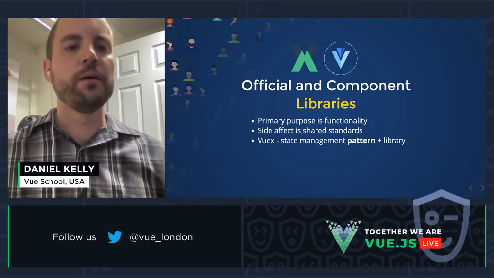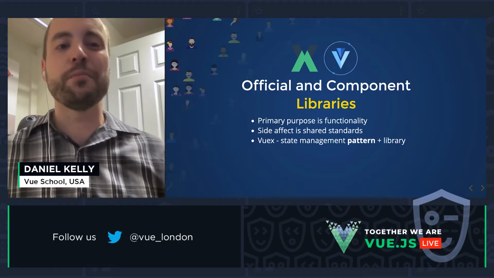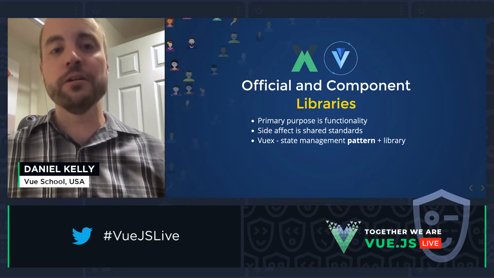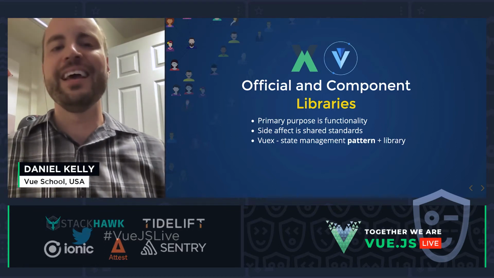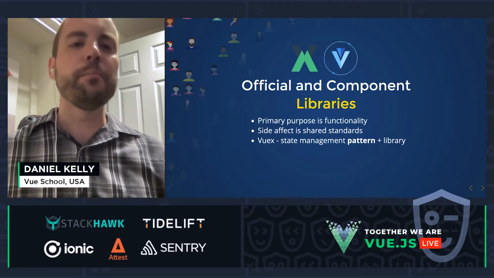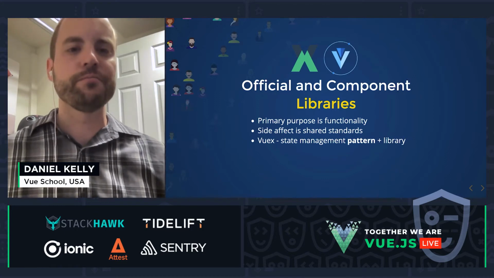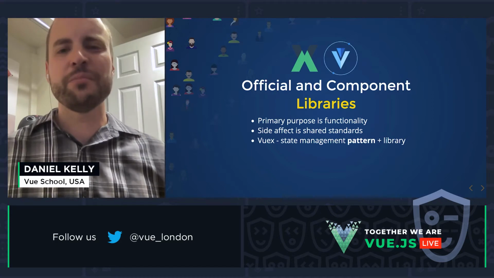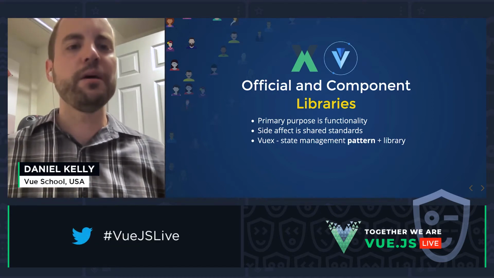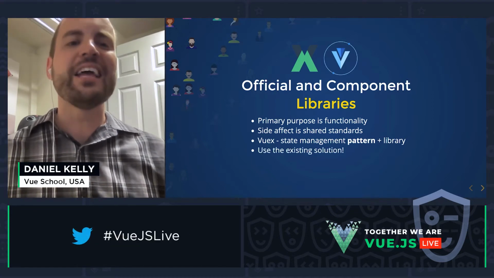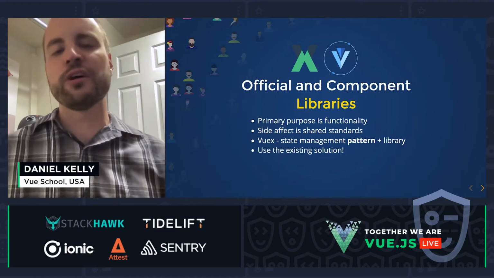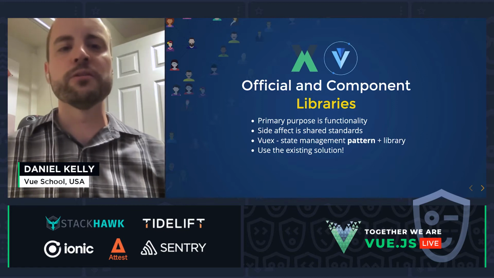Vuex embraces this by saying on its official website that it's a state management pattern plus library. It understands the importance of having a pattern, a standard to follow. Now, what is my point in saying this? Some of this may seem a little bit obvious, but my point is you should really consider using the existing solution before trying to roll your own or go with some other solution.